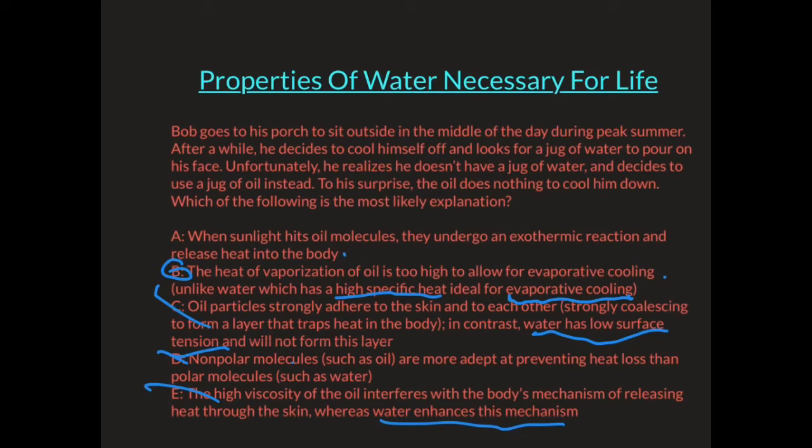This makes sense because if you think about oil, it's very viscous, and if you pour it on yourself, it's not really going to evaporate easily, right? Water will evaporate more easily, and so it does make sense that the heat of vaporization of oil is too high. And then we know based on our knowledge of properties of water that these statements are true, so the answer here is B.